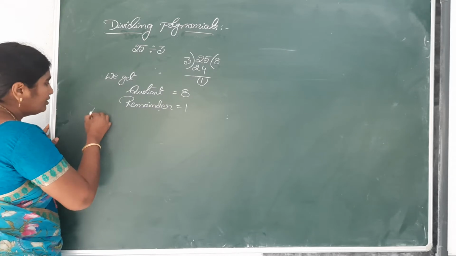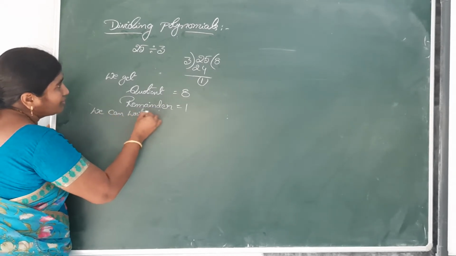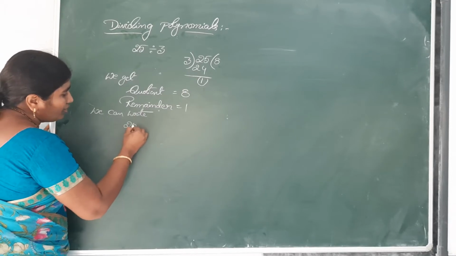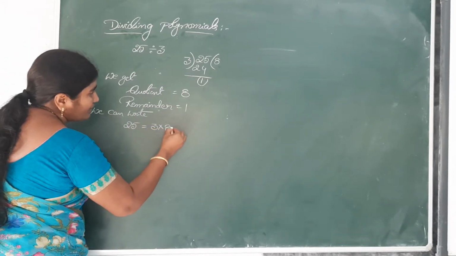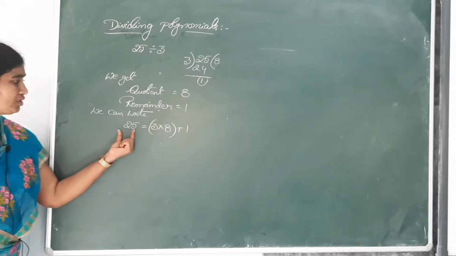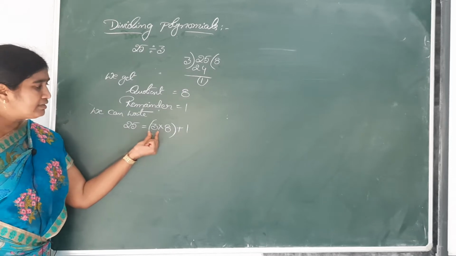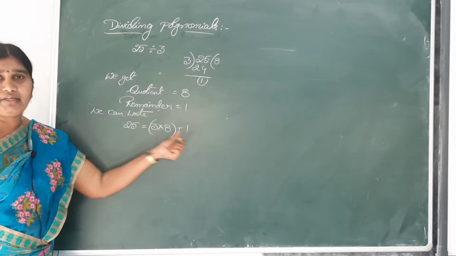We can write 25 equal to 3 into 8 plus 1. Here 25 is dividend, 3 is divisor, 8 is the quotient, 1 is the remainder.